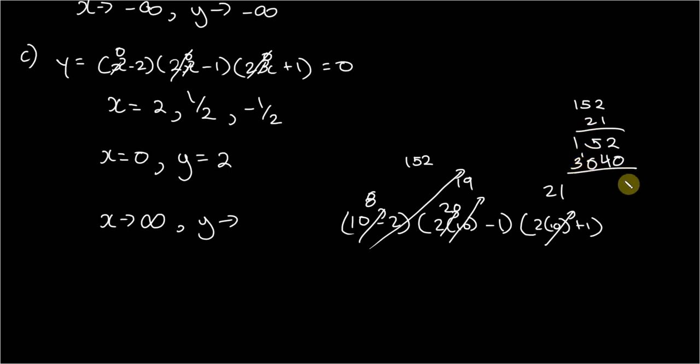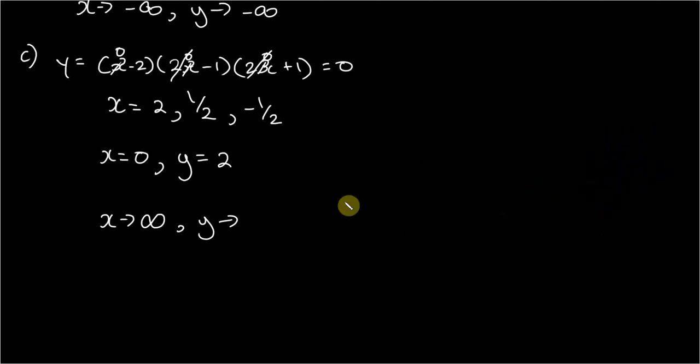So 152 times 21 is indeed 3192. And that's positive as well, mind you, which is important to note.